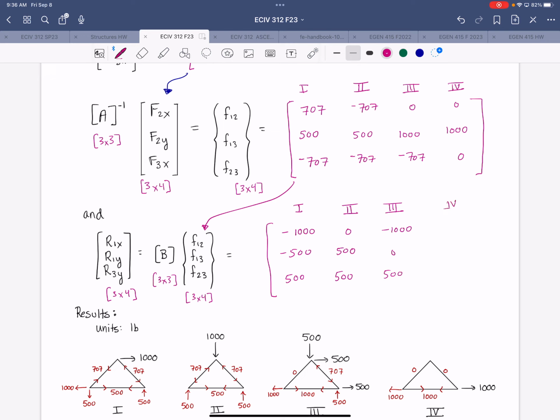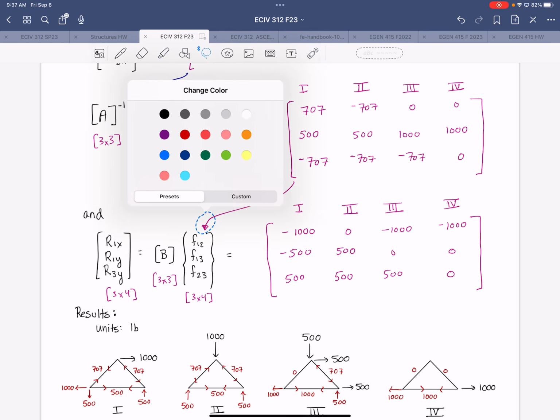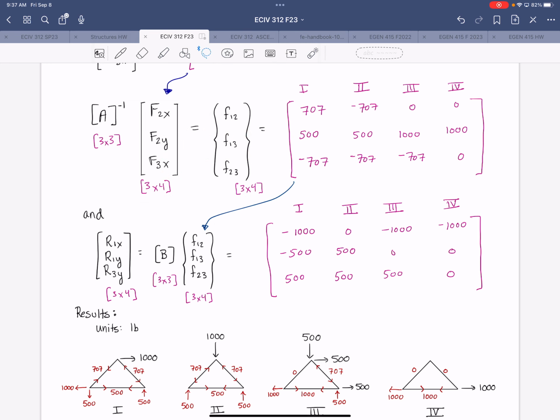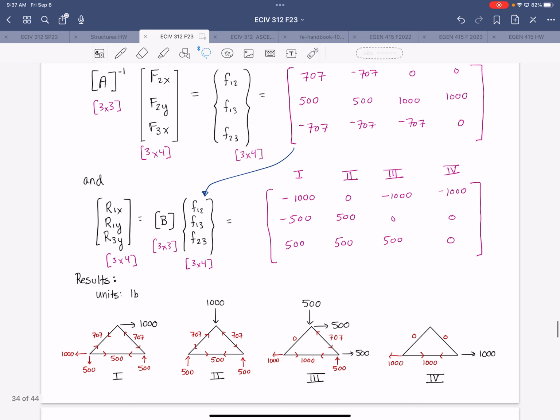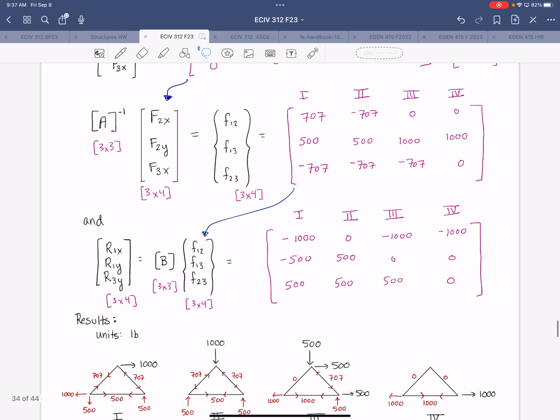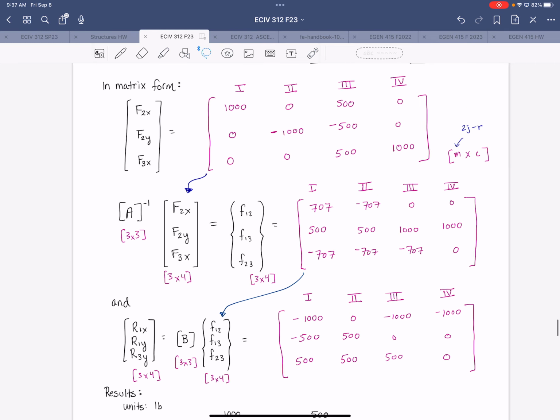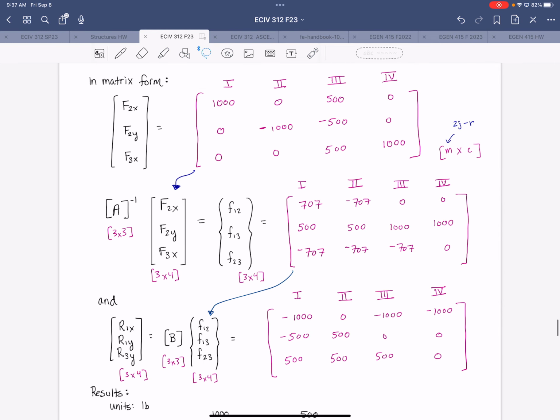And for load case 4, negative 1,000, 0, and 0. Questions?